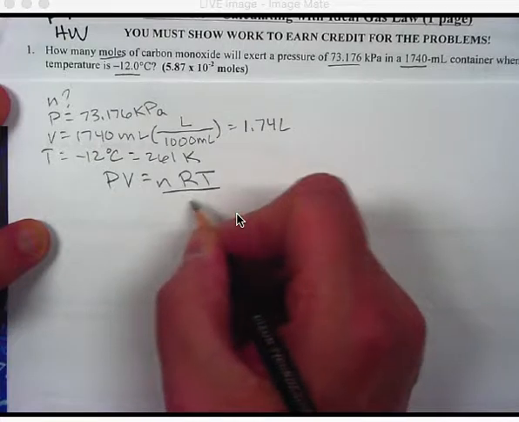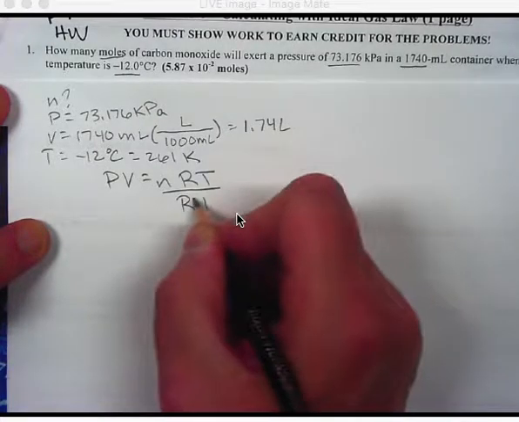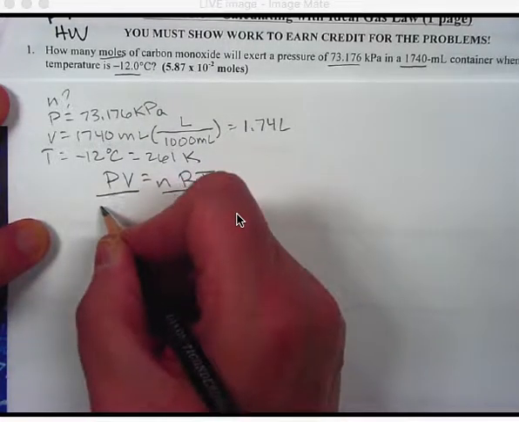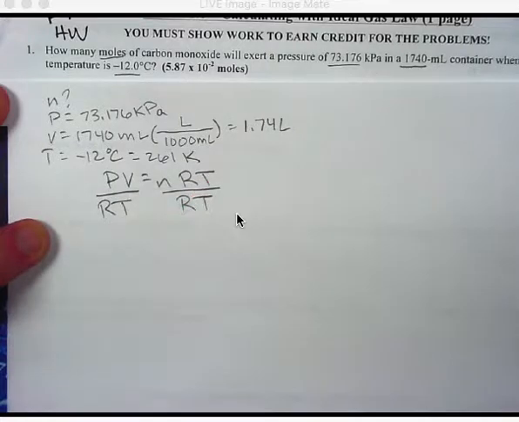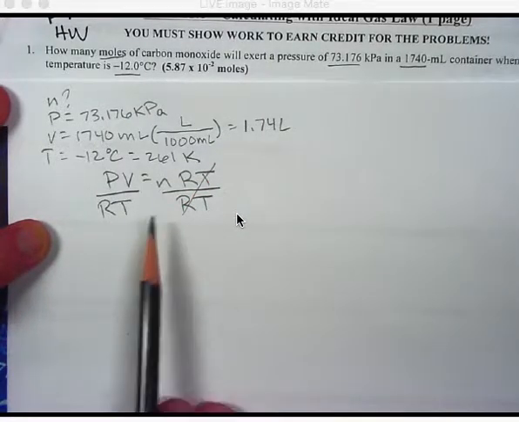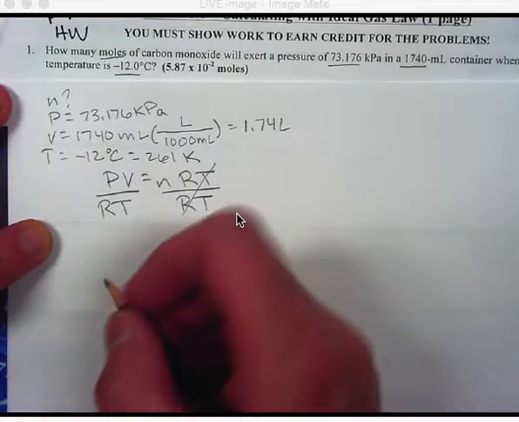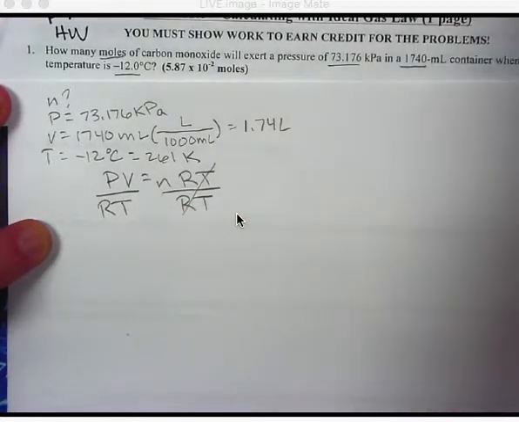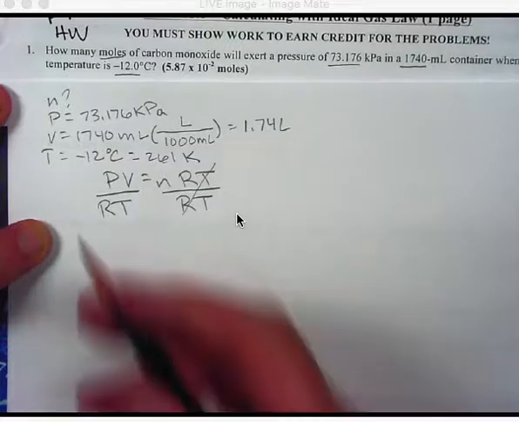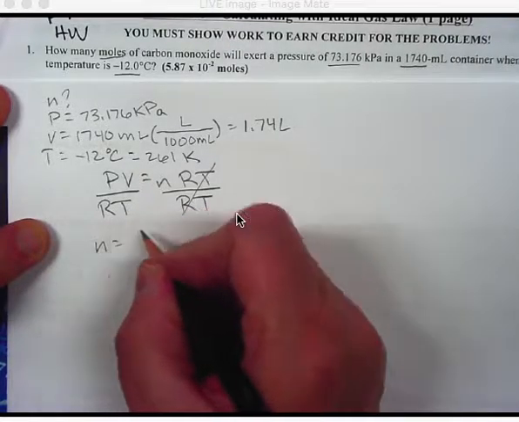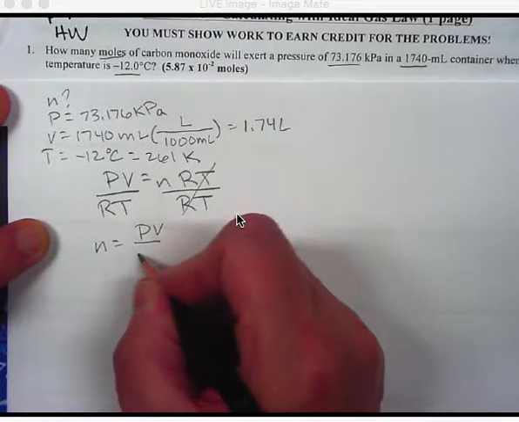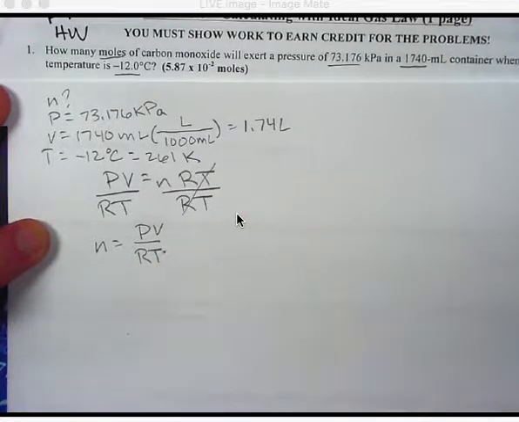Alright, so I'm going to divide this side by RT, this side by RT, so that this cancels. So I'm going to flip it around too as I rewrite it, just so I have N on the left. So now we have the formula to work with.